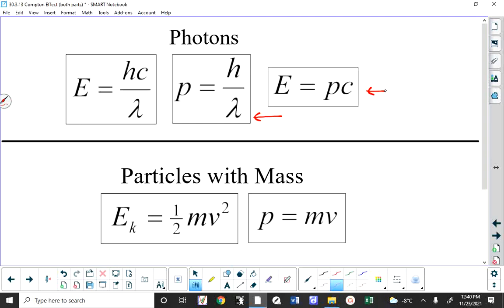I also have your energy formula for photons up there, and then for particles with mass, like electrons or alpha particles or neutrons or protons, there are two formulas, one for energy and one for momentum.